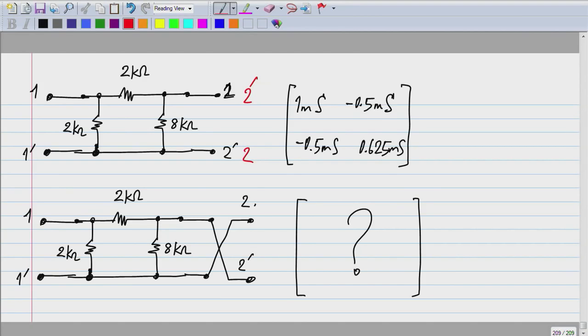There is an answer that says diagonal elements will be interchanged. Why is that? So that means that y11 will become y22 and y22 will become y11. Why will that happen?